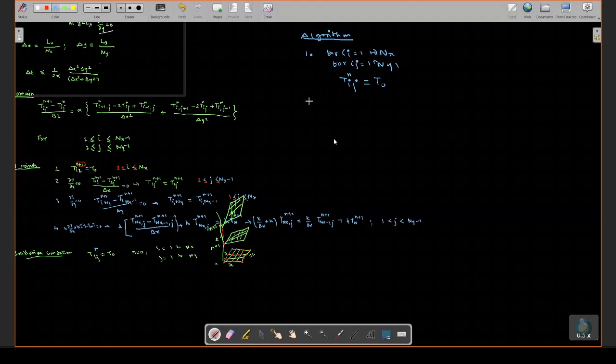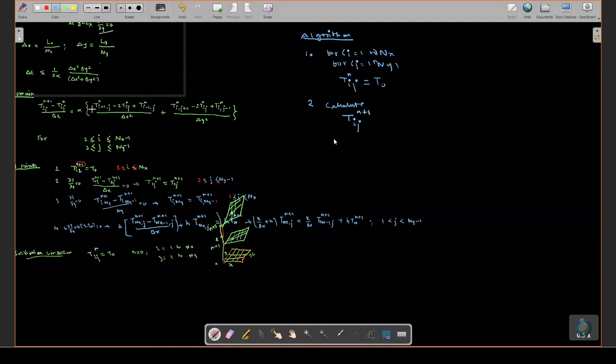That is one. Then, once initial conditions are given, first thing first you have to calculate the interior points. From this equation, equation A, you calculate T i j n + 1, the new level values, the n + 1 level values.